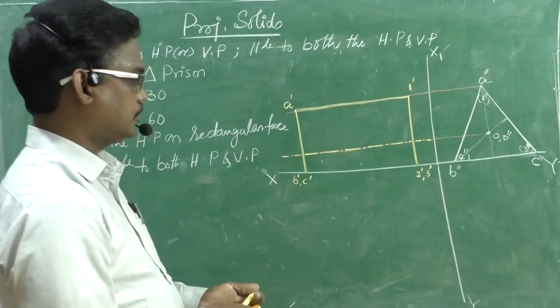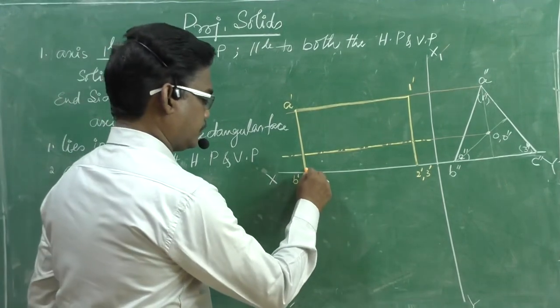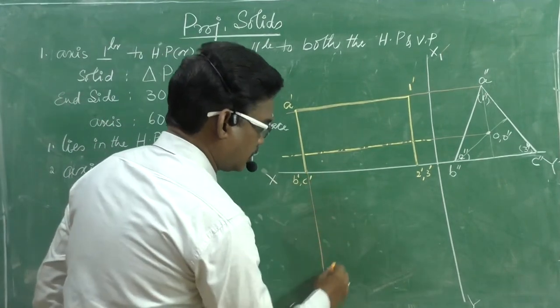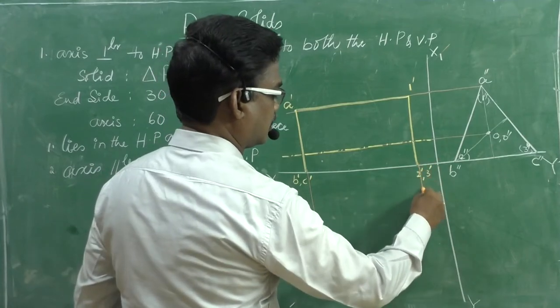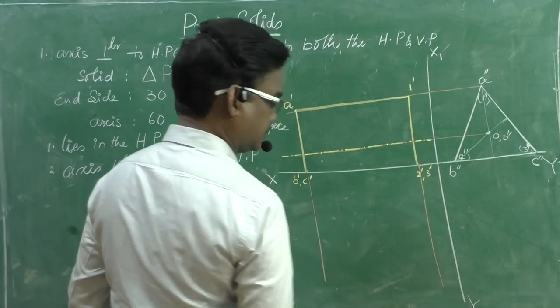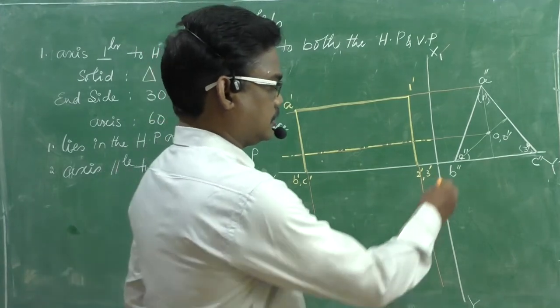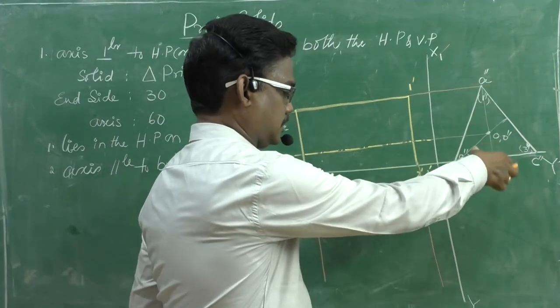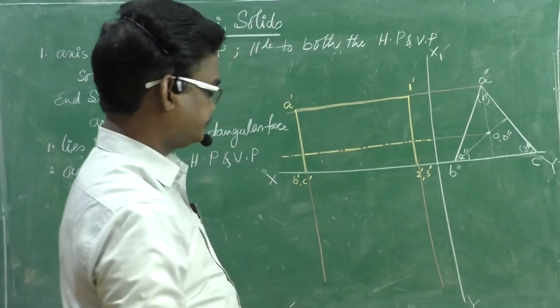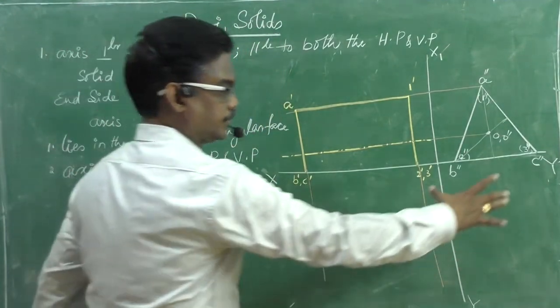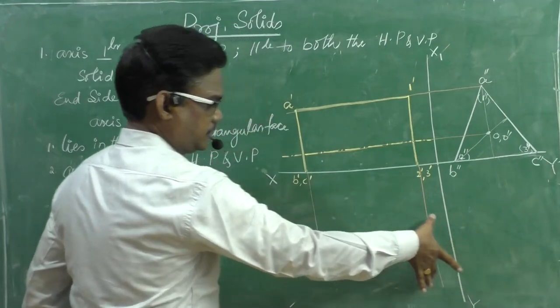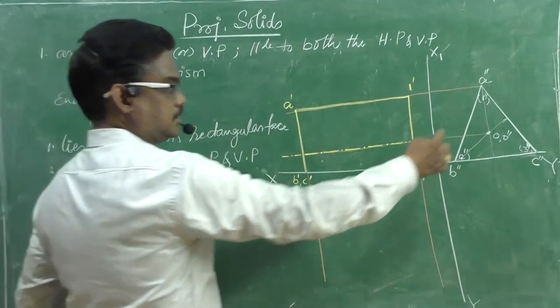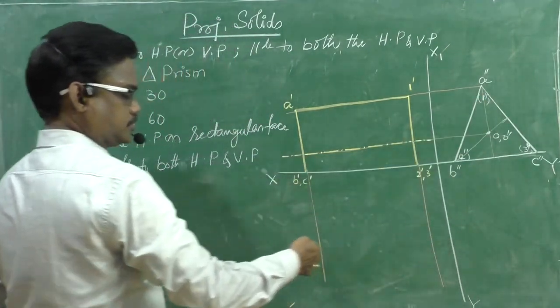For the top view, project the front view like this. And here we need to project this A, B, C in the top view. Okay, these need to be projected like this. This one needs to be projected like this.